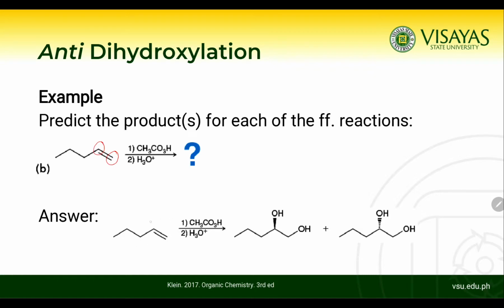So in our product, of course, each will have one hydroxyl bonded. In the product, this carbon is our chiral center, so only there do we show a wedge or broken line. The other carbon here with the OH, we do not show a wedge or broken line because it is not a chiral center.